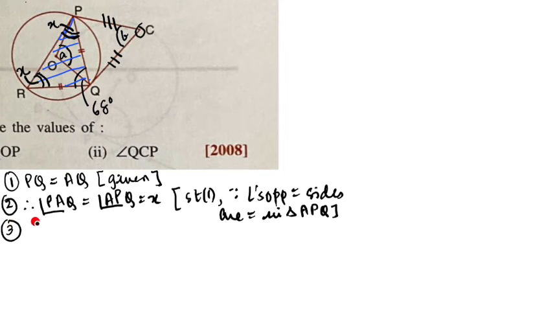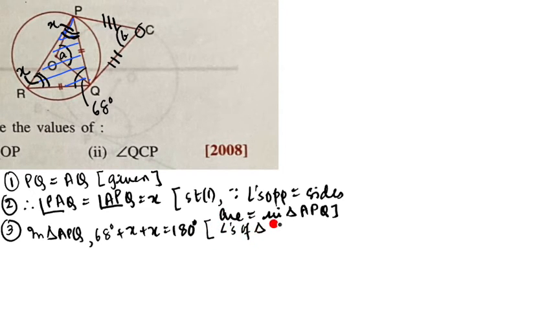Statement number 3. In triangle APQ, we will have 68 degrees plus x will be equal to 180 degrees, and reason for that is angles of triangle are supplementary.